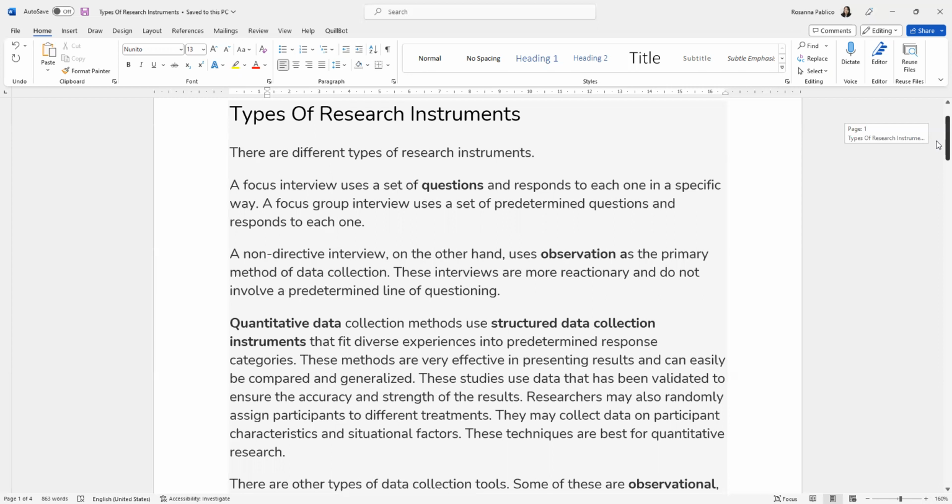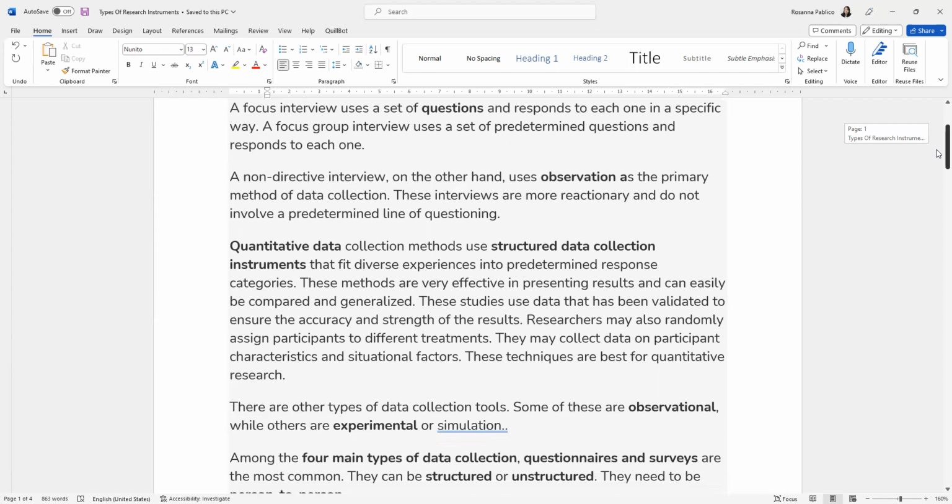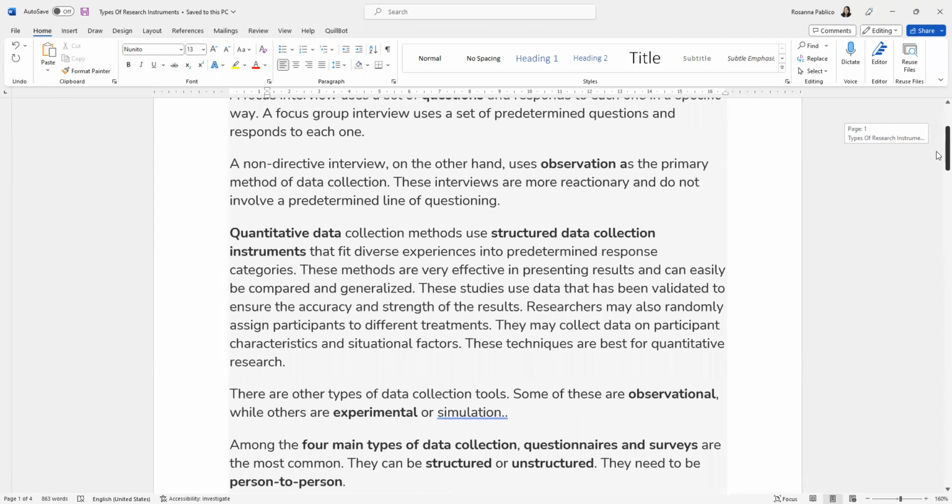Okay? So when it comes to quantitative data collection methods, they use structured data collection instrument. Pagdating sa kapag ang research design mo ay nagbibilang sa quantitative research design. These methods are very effective daw, no, in presenting results and can easily be compared and generalized.